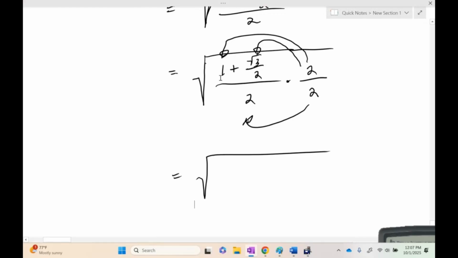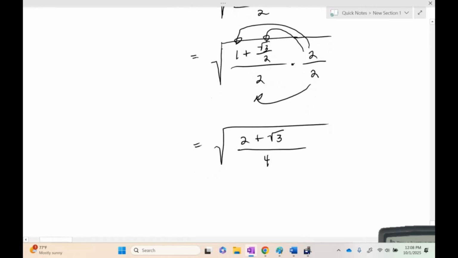So 2 times 1 is 2. Square root of 3 divided by 2 times 2. Those 2's are going to do what? Cancel. So I'm left with the square root of 3. And then 2 times 2 is what? 4. Is everybody okay with that point?